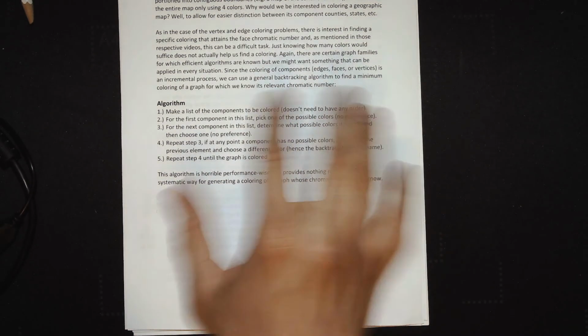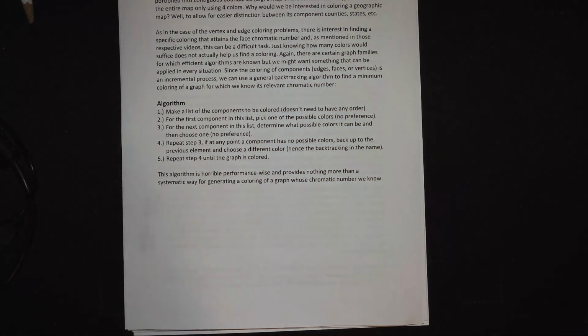I'm talking in generality here about this problem of finding a specific coloring, because it's essentially the same whether you're coloring all of the vertices of the graph so that no adjacent vertices are the same color, or coloring all the edges so that no adjacent edges have the same color, or coloring all the faces so that no adjacent faces have the same color.